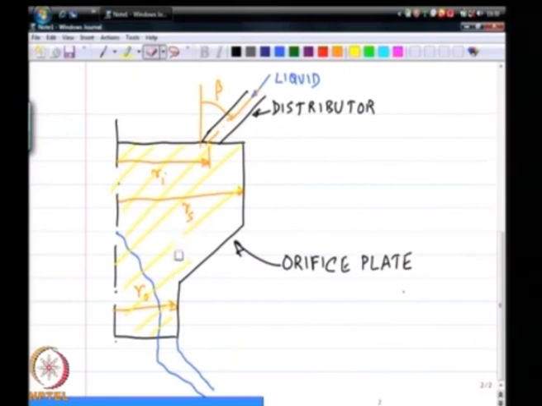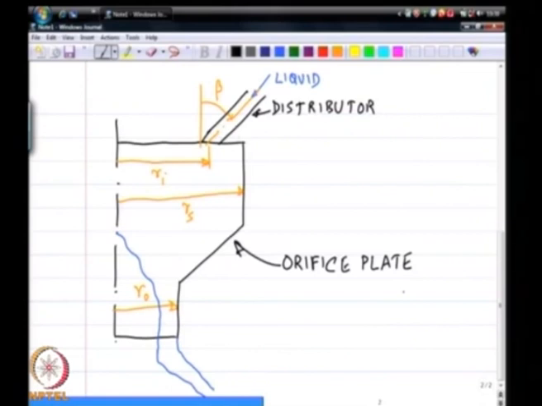I just wanted to show you the basic idea of how this works. So, all of the part that I hatched in yellow could be wetted by the liquid that you are trying to spray. So, that is the geometry we are looking at.